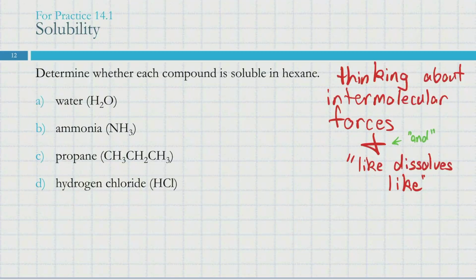Who remembers what hexane is? Who remembers what the -ane ending means? It's all single bonds. That's one way to think of it. Somebody said 6 carbons.